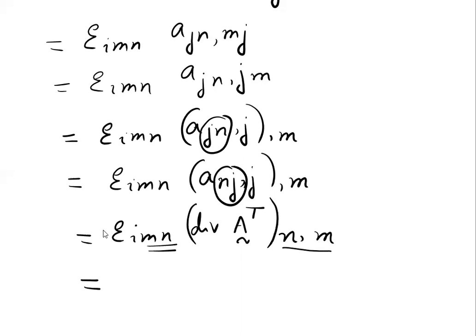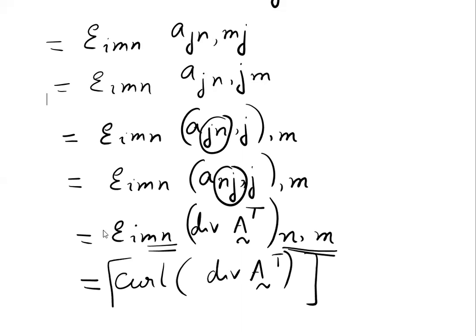And it is the reverse there. Is it not the curl definition? So curl of divergence of A transpose, right? Which component? The whole thing, which component? It is the I component because there is I, right? So therefore, this is nothing but our RHS.